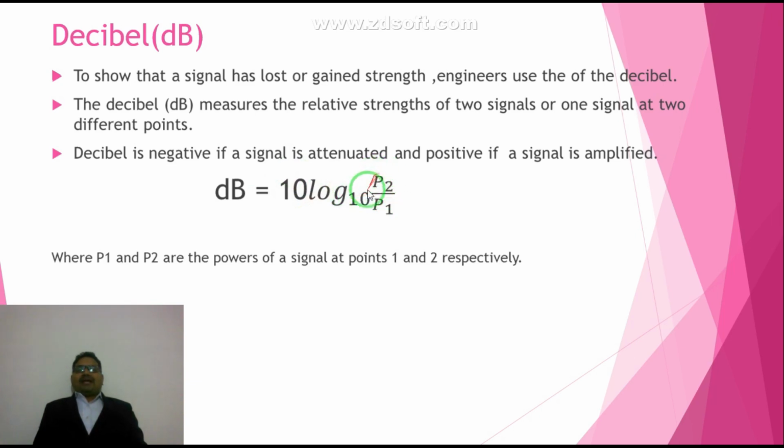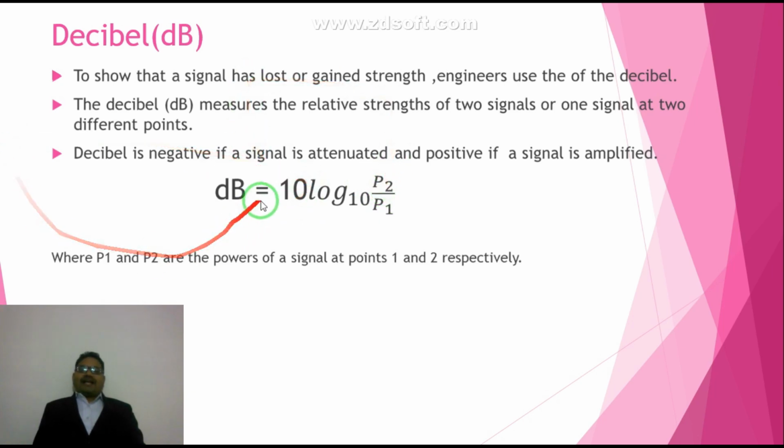Here P is nothing but the power of the signals. P1 is the power of the signal at point 1 and P2 is the power of the signal at point 2. In some books, you can see it in terms of voltage also. We have expressed the decibel in terms of power, but if we express it in terms of voltage, as we know, power is related to the square of the voltage.